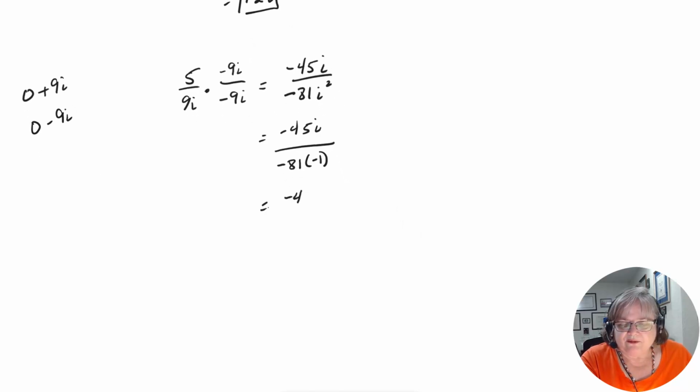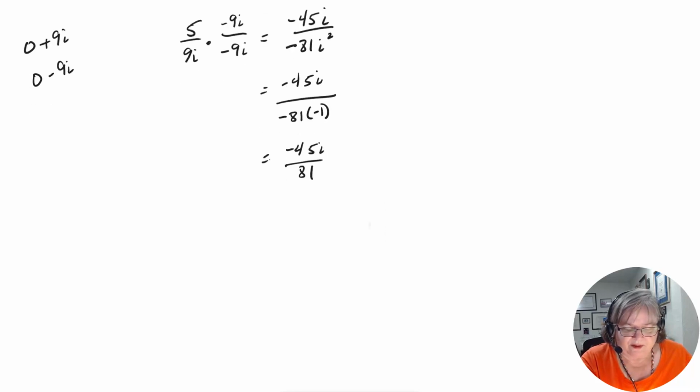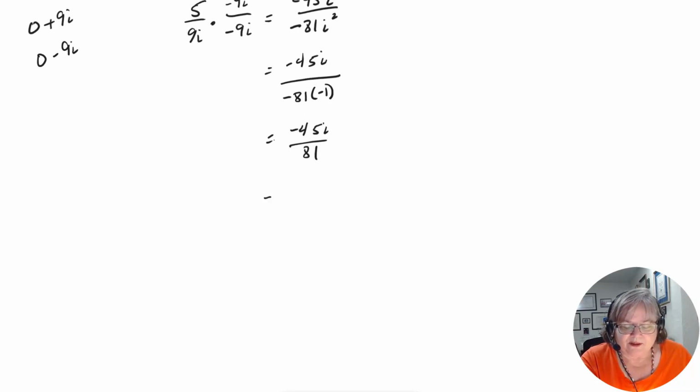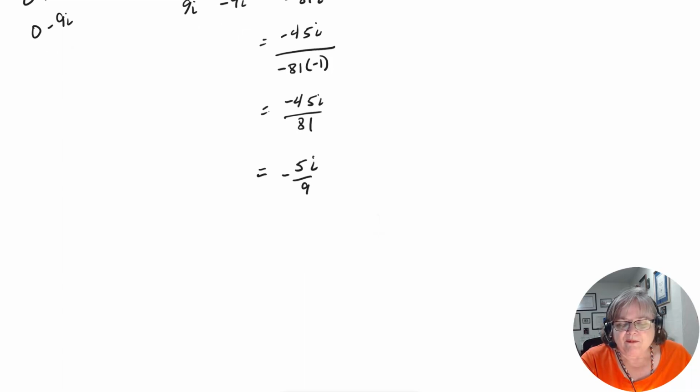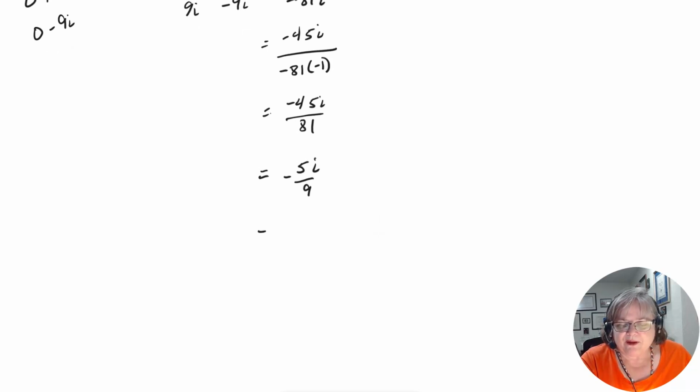So it's negative 45i over positive 81. And there's a 9 in common, so you can say it's negative 5i over 9, which would probably work for me. But in the a plus bi form, it's negative 5/9 i. So this is 0 minus 5/9 i. This is a and this is b, and there's your i for a plus bi form.